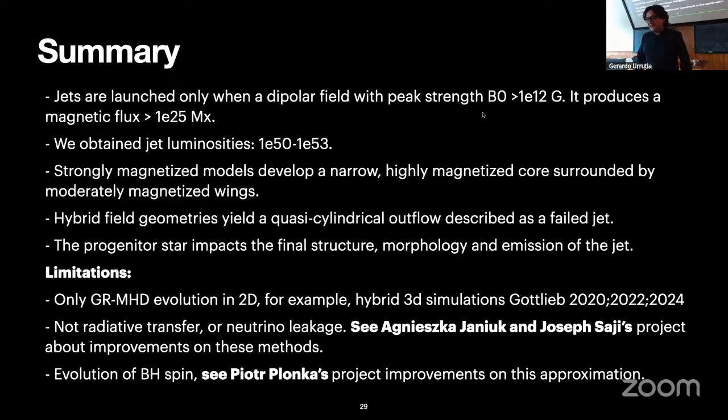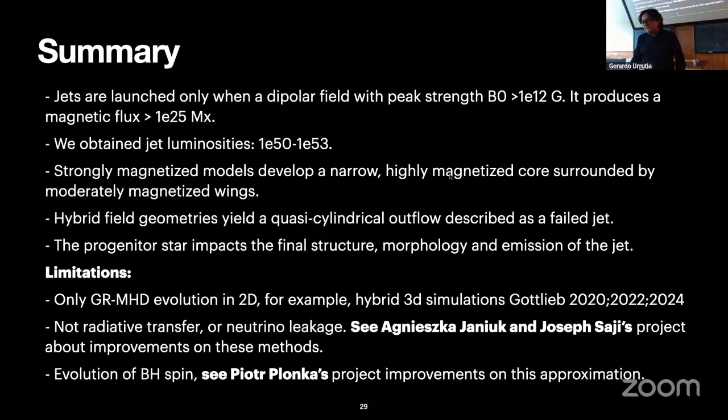We are producing jets from magnetic field strengths starting from 10^12 Gauss. We obtain luminosities in a range of 10^50 to 10^53 ergs per second, which are typical in GRBs. Our maximum limit is a magnetic field strength of 10^14 Gauss.